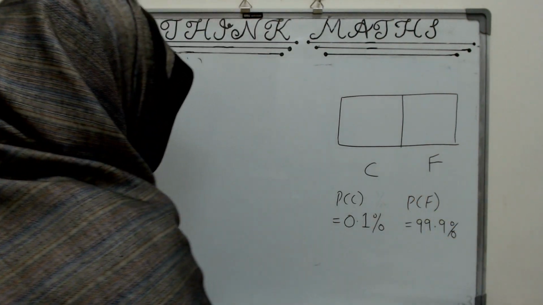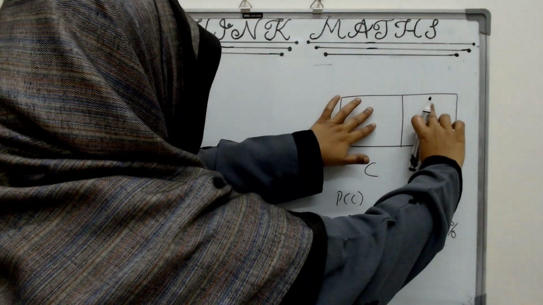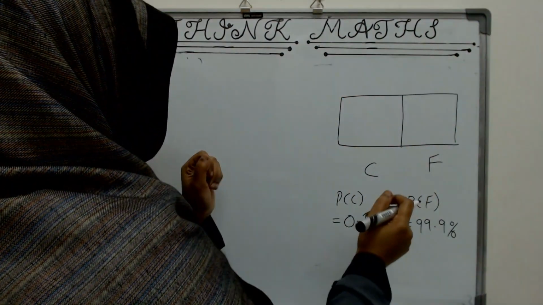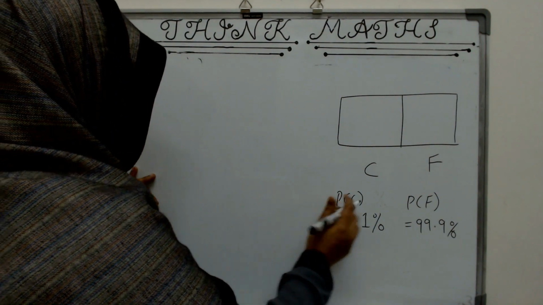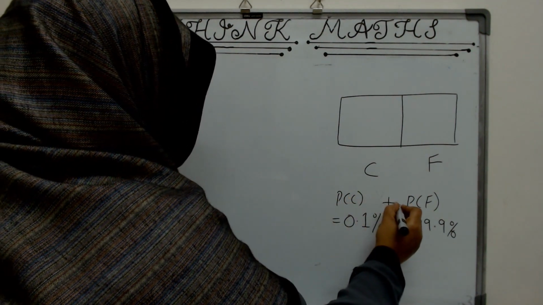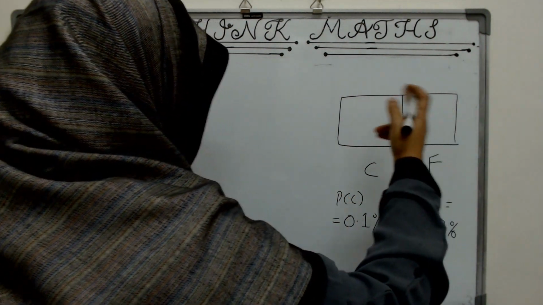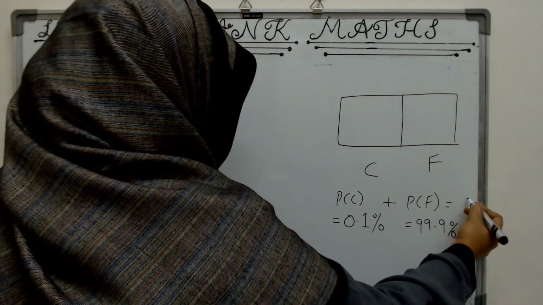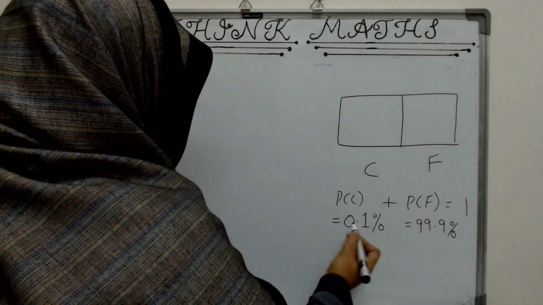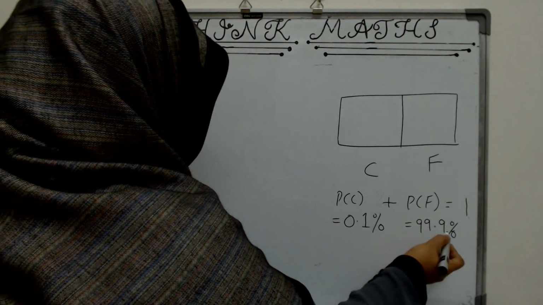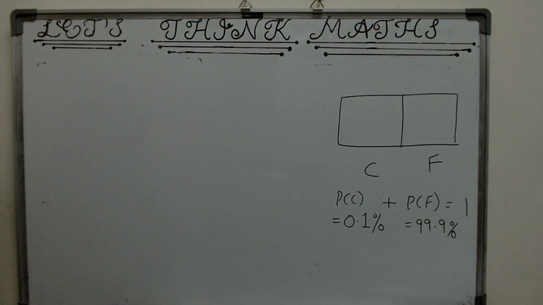99.9%. Why is that? You see, these are two disjoint events which make up the whole sample space. So the probability of C plus probability of F is equal to the probability of the whole sample space, which is 1. So probability of F will be 1 minus 0.1%, which is 99.9%.